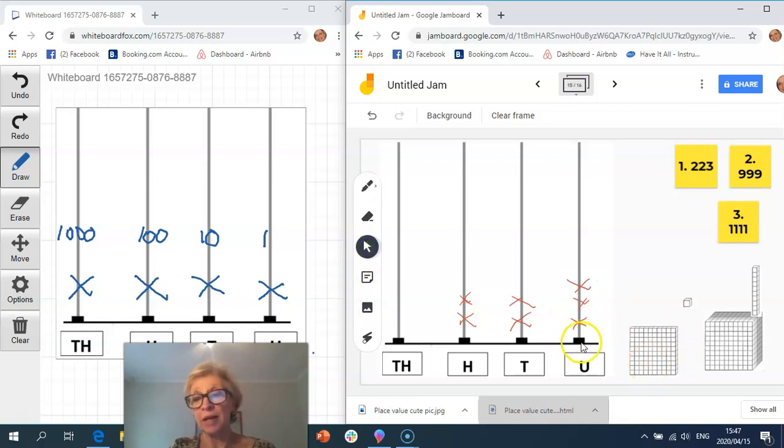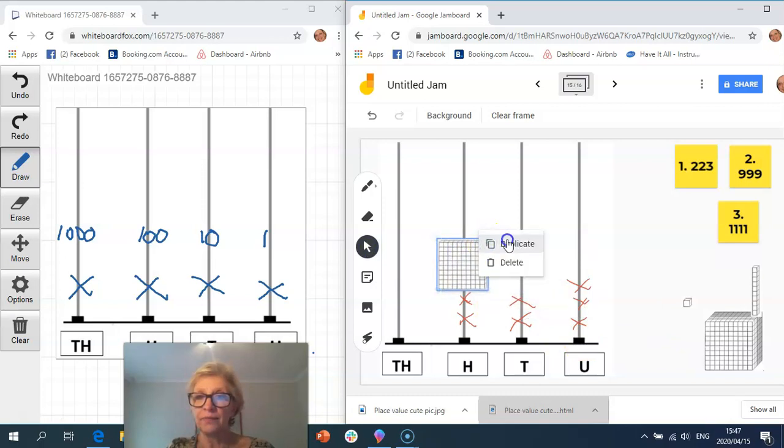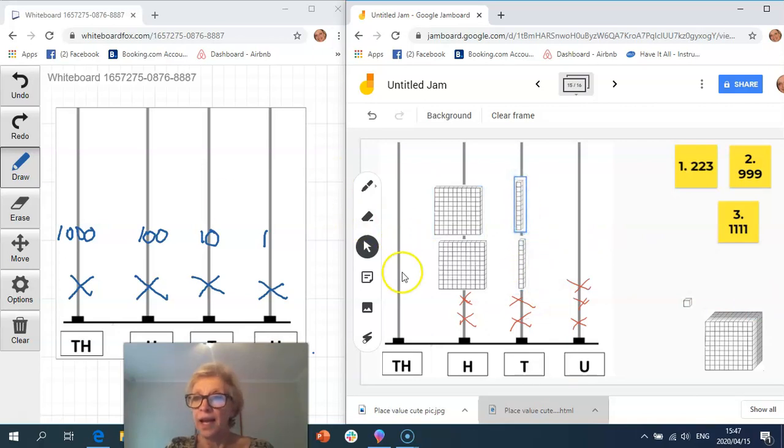So effectively, if I've made a picture of this, there is 100, and there's another 100, that is 10, and another 10, and I have got 3 units. Okay, so that is 223.